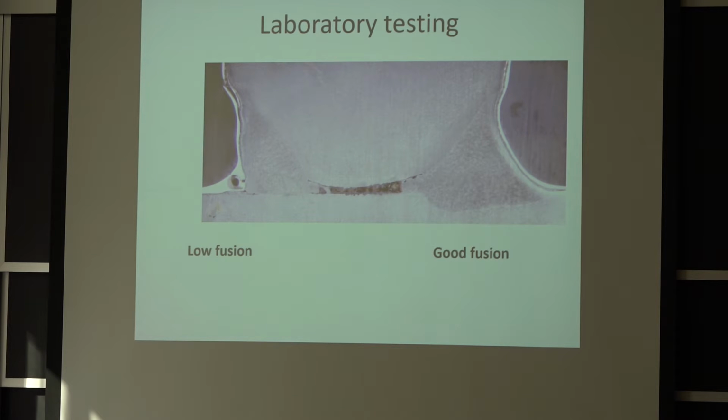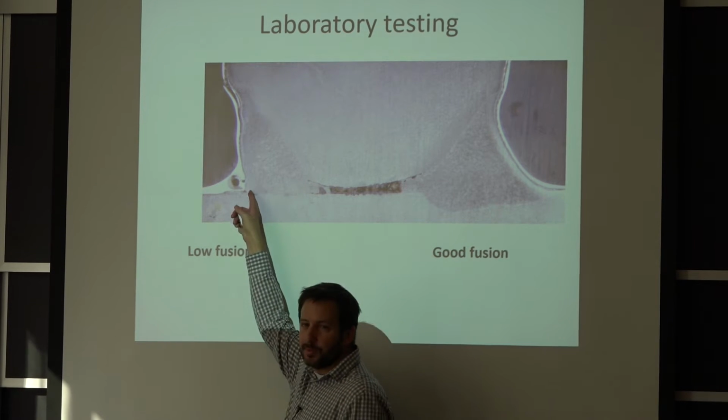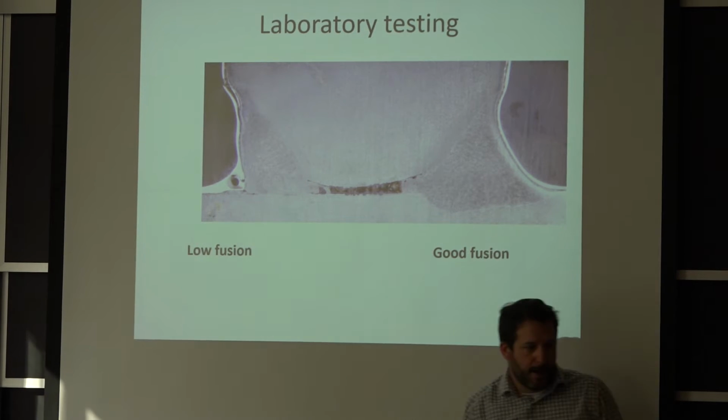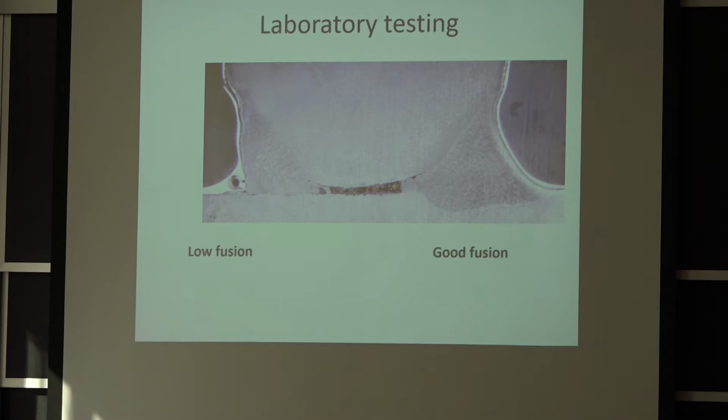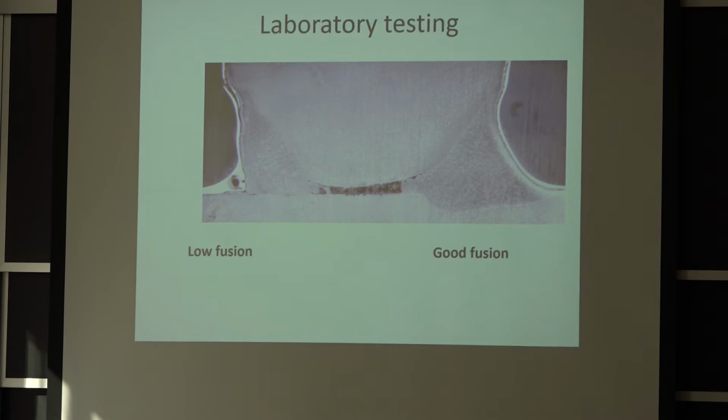So we went through that image before where you see that it didn't really fuse here, and it's almost perpendicular. And when you do weld inspection, I've done it a few times. I was a certified welding inspector, and the visual criteria is really to look for exactly how the bead is shaped to know if you have fusion or not.